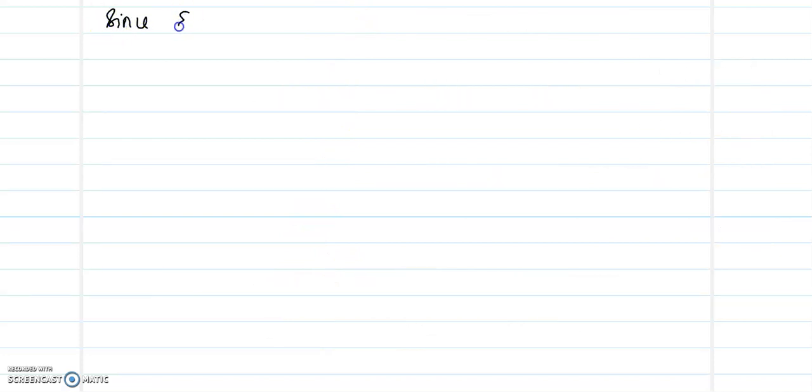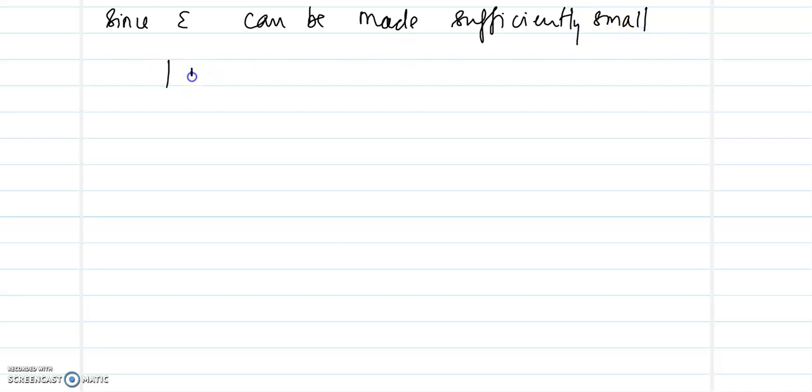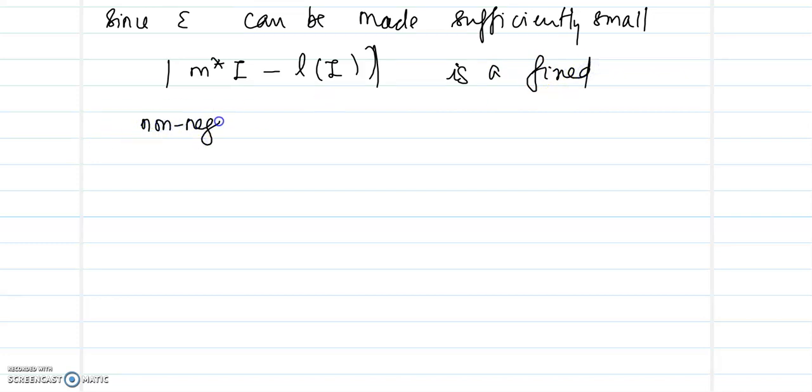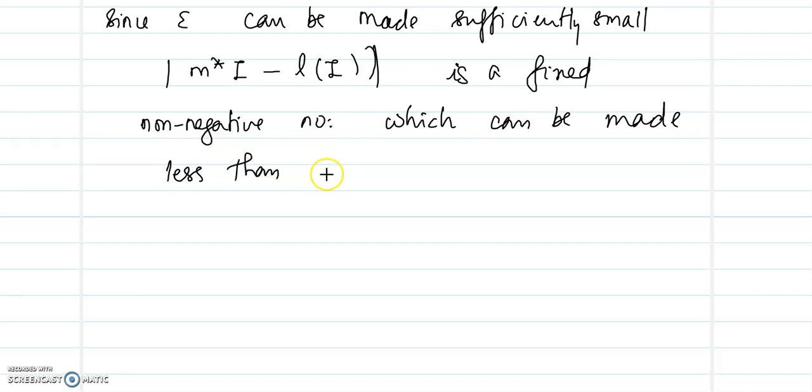So since epsilon can be made sufficiently small, modulus of m star of I minus L of I is a fixed non-negative number which can be made less than any small positive number.